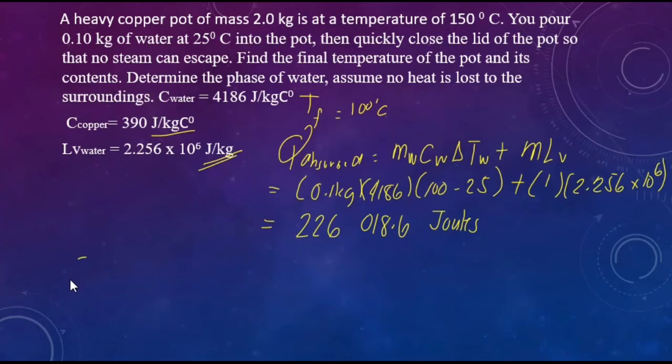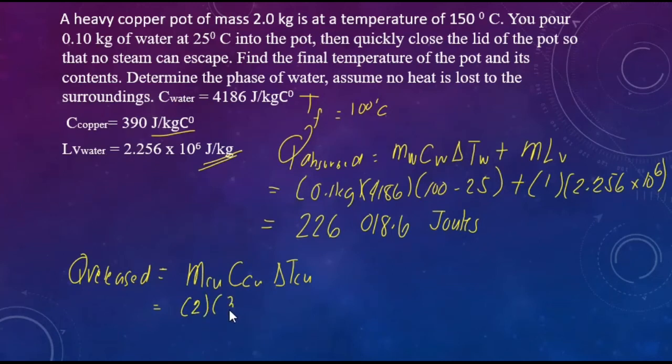So let's now check the Q released. The one which will release heat, of course, will be the copper. So we have mass of the copper, C of the copper, and then delta T of the copper. Mass of copper is 2 kilograms.